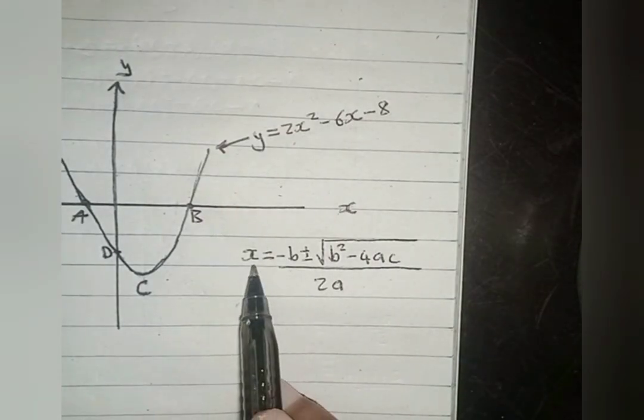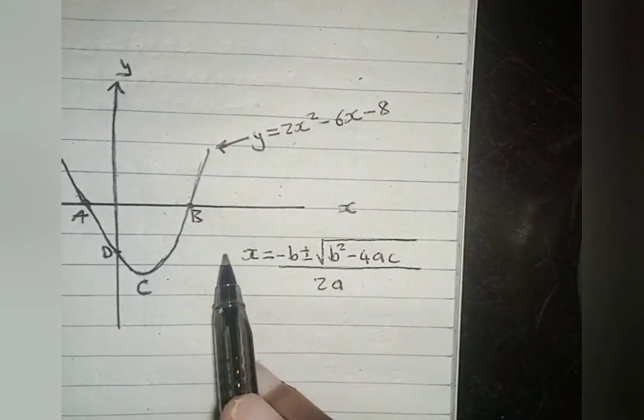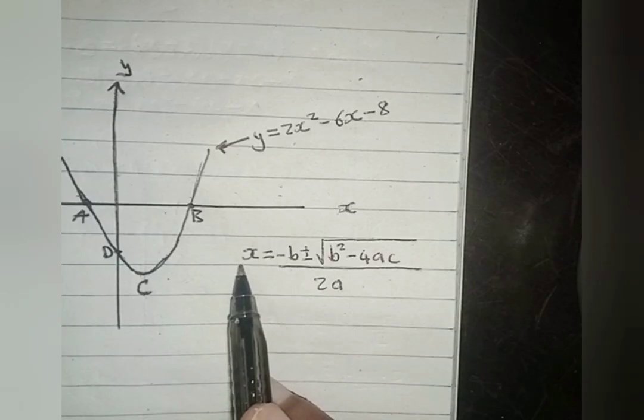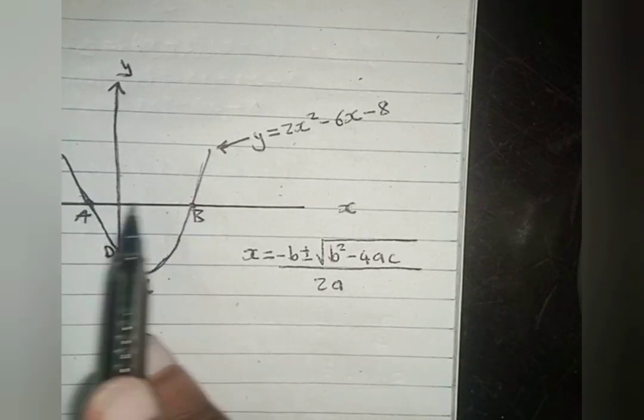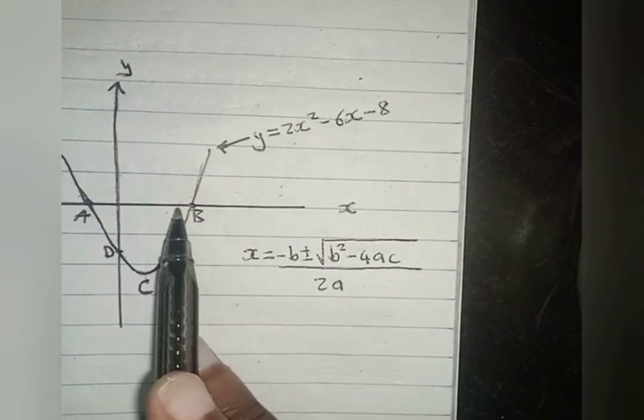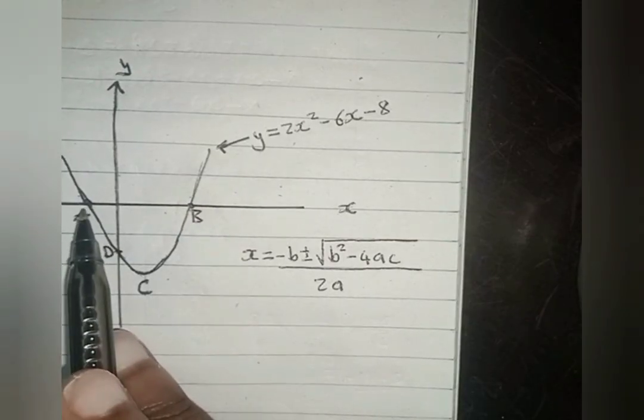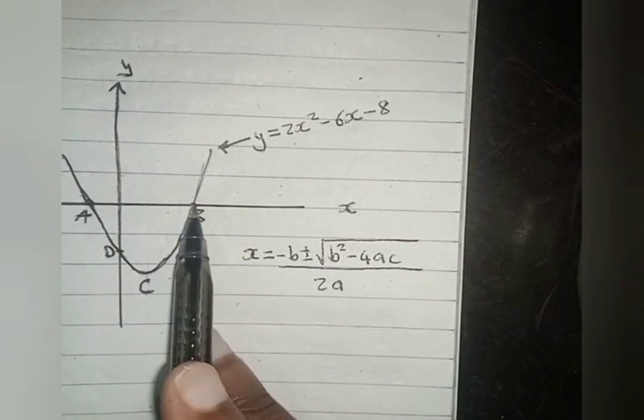So as you can see from this formula, we are trying to find the value of x. This makes sense because point A and point B are on the x-axis. So we want to find the values of x at point A and point B.